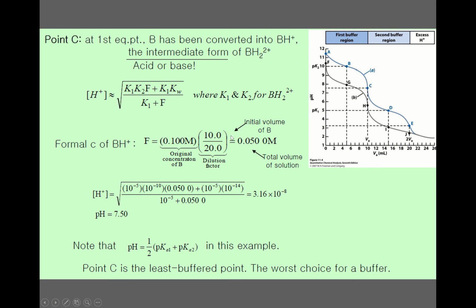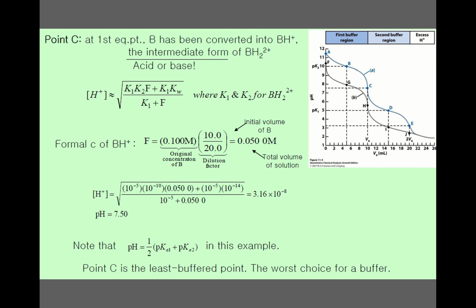In the previous chapter we learned how to calculate the pH for the intermediate form. We use this equation: the proton concentration is approximated by this equation. Here K1 and K2 are for BH2 2+.